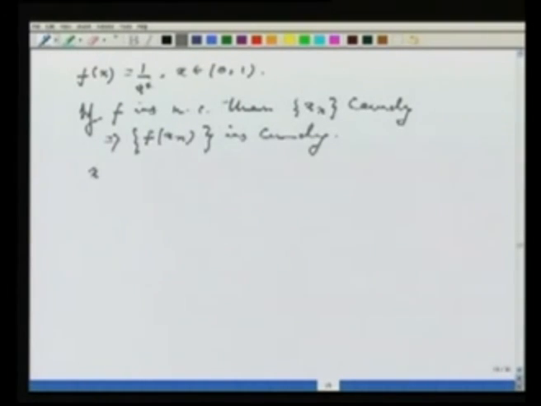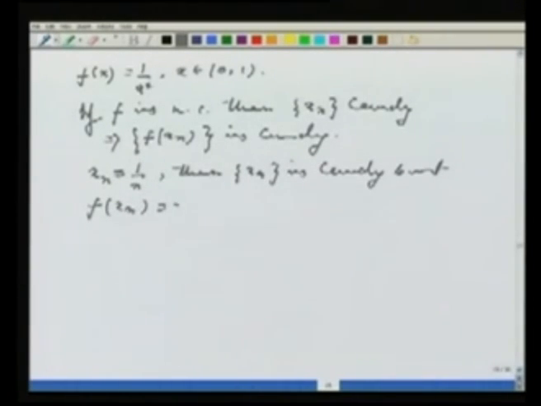Let me look at the sequence xn equal to 1 by n, which I have looked at earlier. If xn equals 1 by n, then xn is Cauchy. But f of xn equals n square, which is not Cauchy.